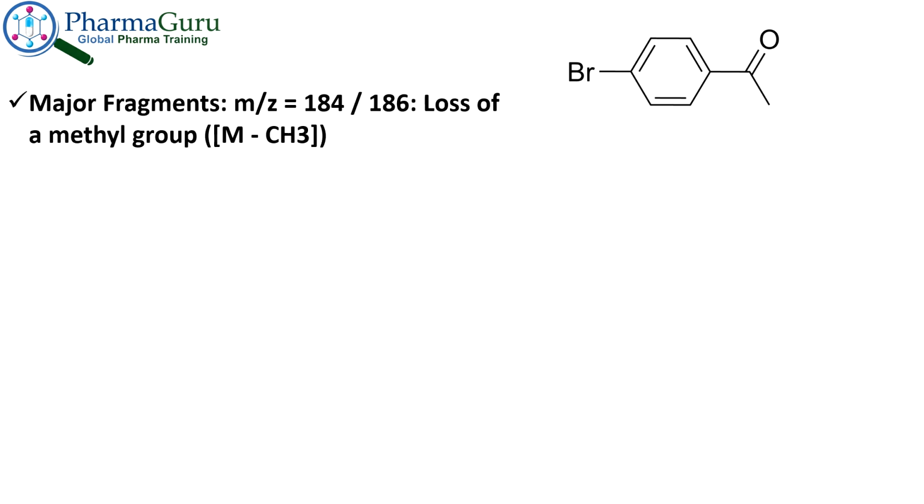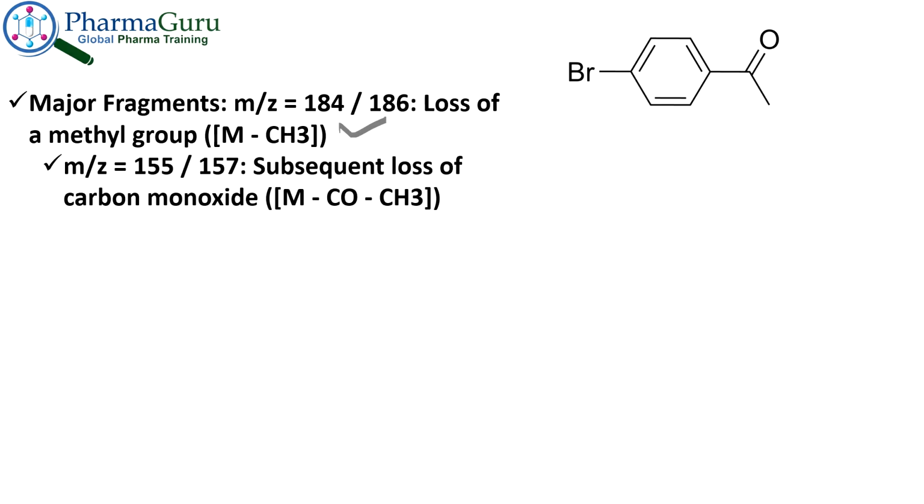Major fragment m/z 184 or 186. It is loss of one methyl group from the structure. LCMS also confirms the same. m/z 155 and 157: subsequent loss of carbon monoxide.